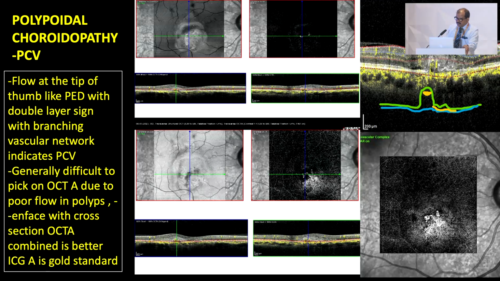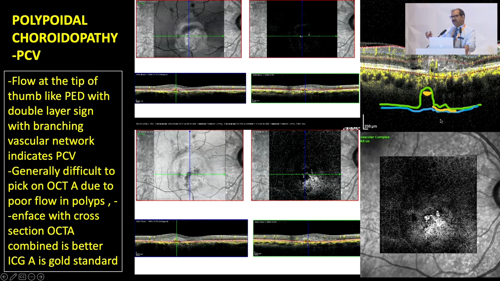OCT angiography can detect polypoidal lesions also. You can find flow at the tip of the thumb-like PED here, and also a double layer sign which shows that there is a branching vascular network. And these two things indicate that there is a possibility of the presence of polypoidal lesions, polypoidal choroidopathy. Generally, it is difficult to pick up on OCT angiography.